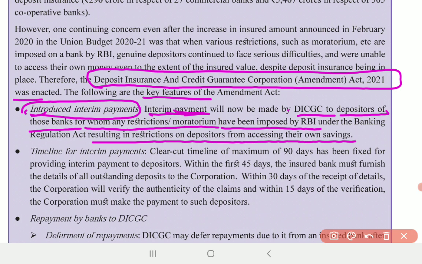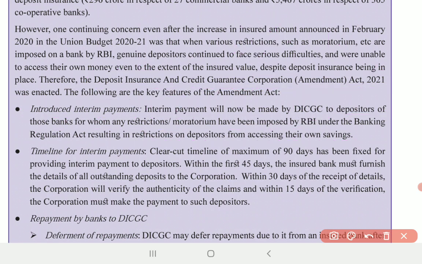Suppose a depositor has 10 lakhs in his bank account, the DICGC may give permission to the depositor to withdraw up to 1 lakh. So a certain kind of relief, an interim payment, will be made by DICGC.